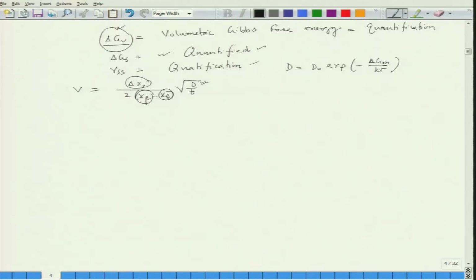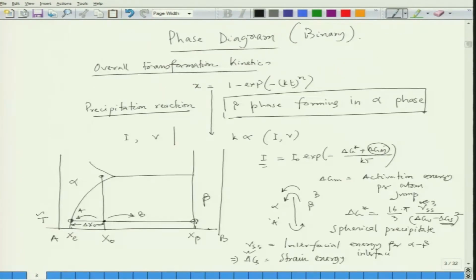We have to see the fundamentals behind it, we have to quantify this entire heat treatment practice. So, our interest is more on the quantification of different parameters. If I quantify D, this as well as this, then we can get all the knowledge about this I as well as V, and we can get to this point, and from that we can easily draw the TTT diagram again.